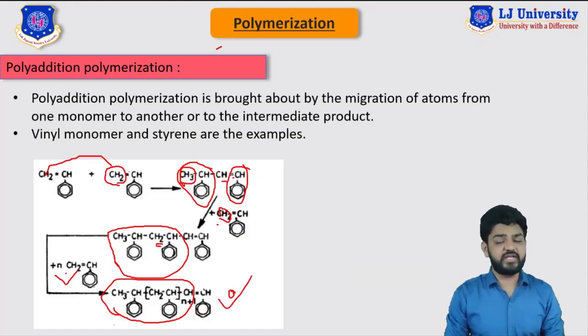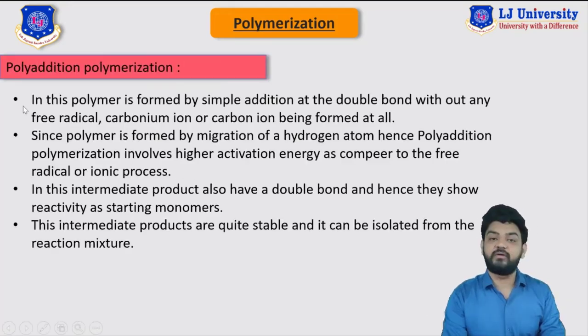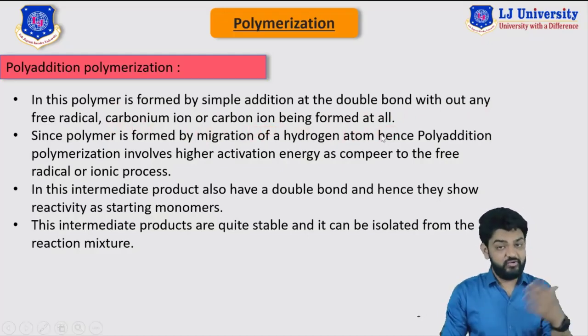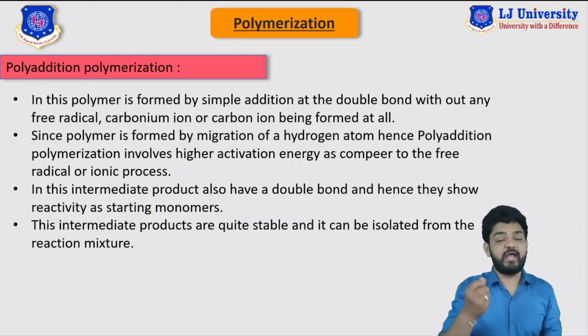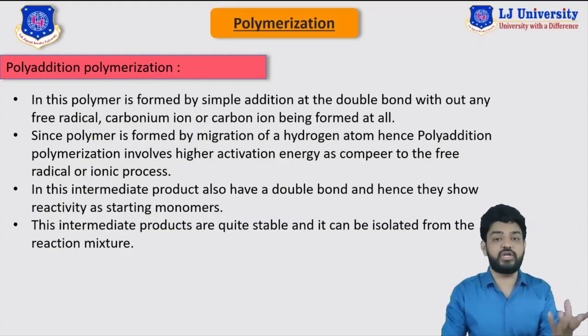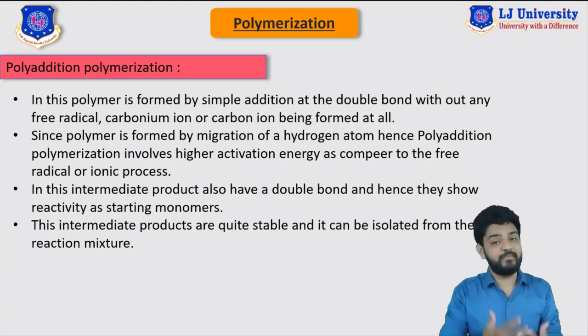So now let's understand some important key features of this addition polymerization technique. Now, as you can see on the screen, this polymer is formed by simple addition at the double bond without any free radical, carbonium ion or carbanion being formed at all. So in the previous case, that is in chain reaction or chain polymerization, we were having some free radical, or some ions in the form of positive ion or negative ion, or we were having coordination polymerization or a special type of catalyst in order to carry out this polymerization reaction, right?